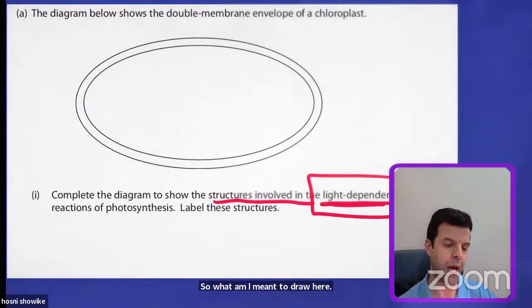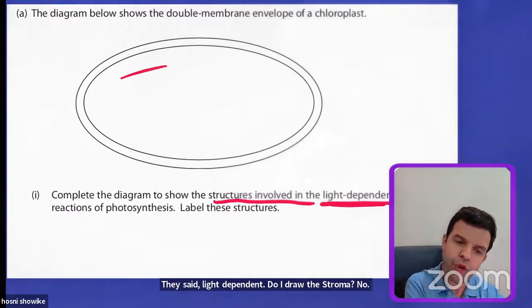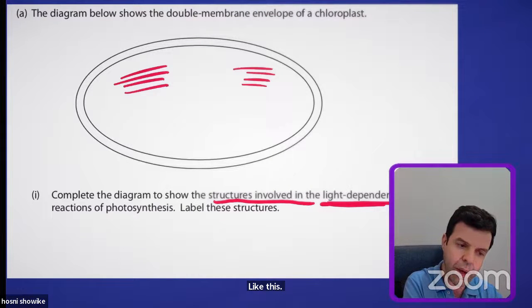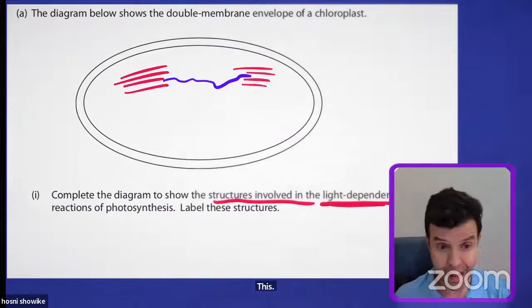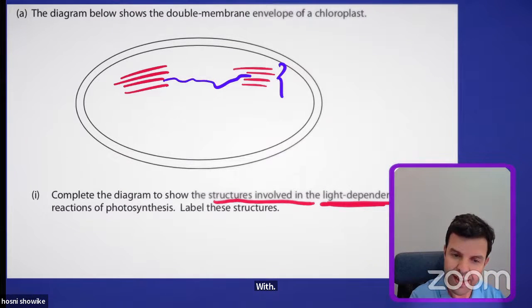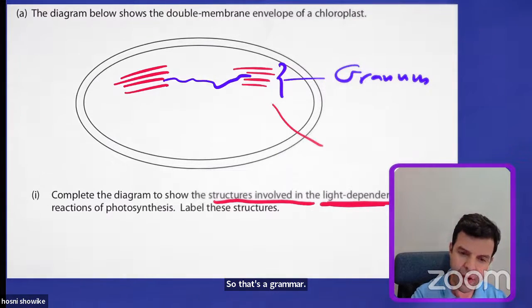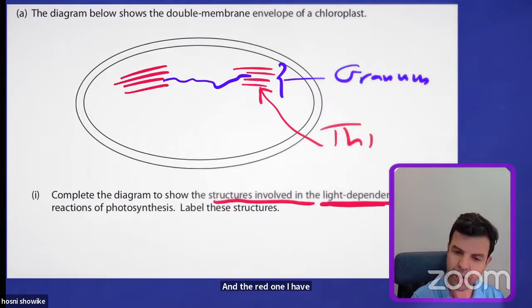No. I'm going to draw thylakoids, like this. Another set of thylakoids. I can link them up with lamella. Okay? So that's a granum. And the red one I have here is one thylakoid.